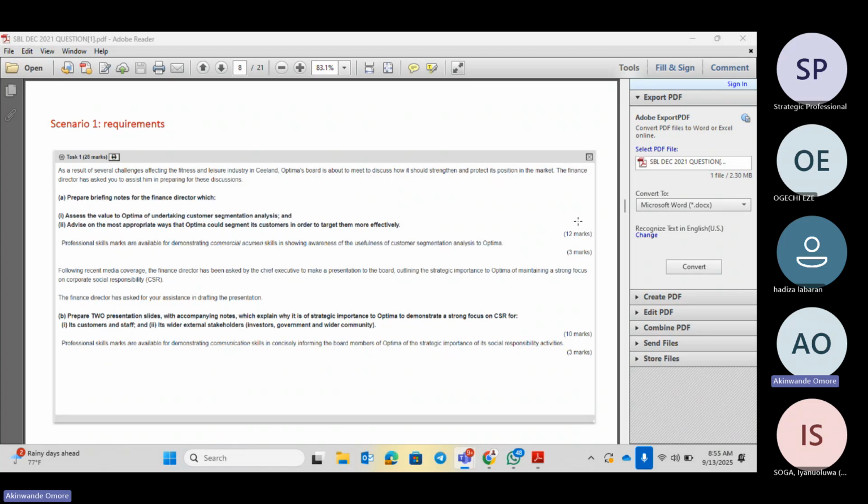And anytime they ask you for suitability, acceptability and feasibility, they are also asking you to do SAF. So these questions are now coming from different directions. That's why they often mix it up with the change management process. I'm sure we have done the change management process in this class.